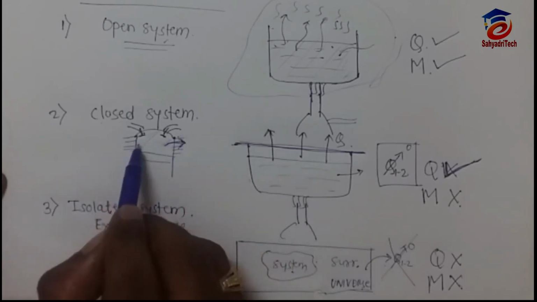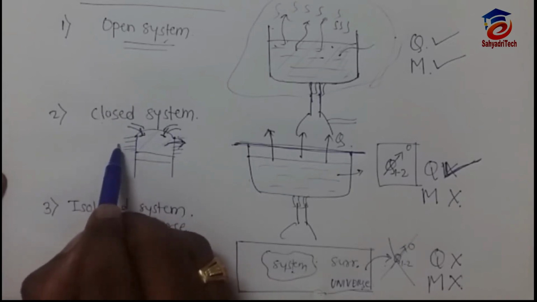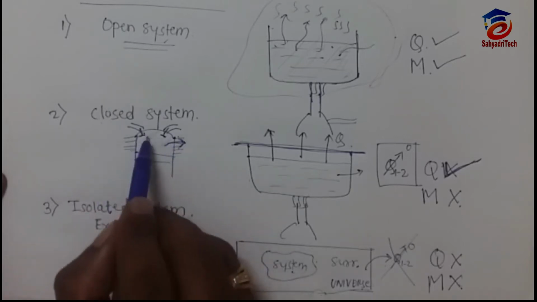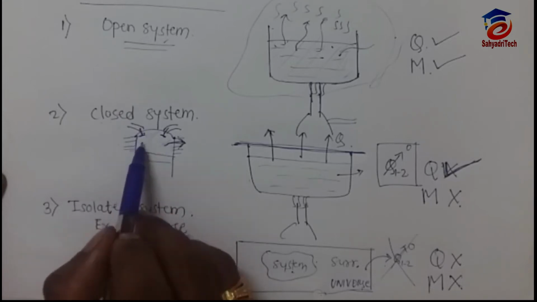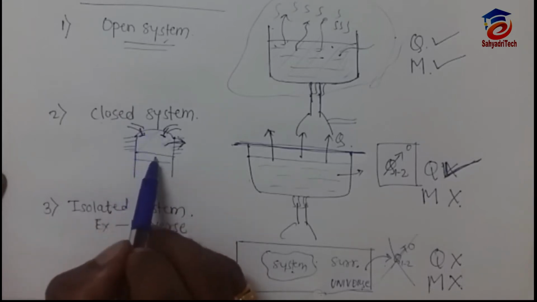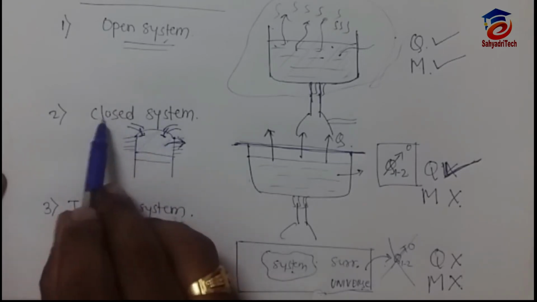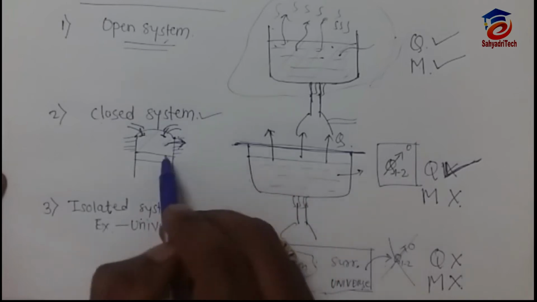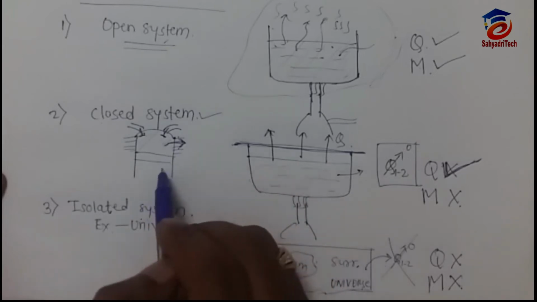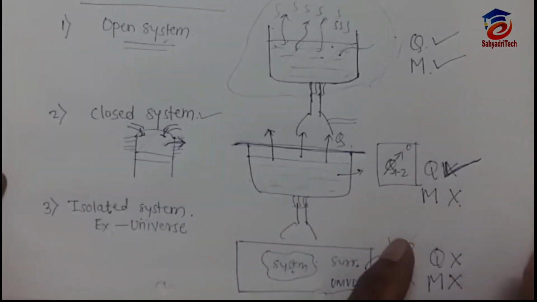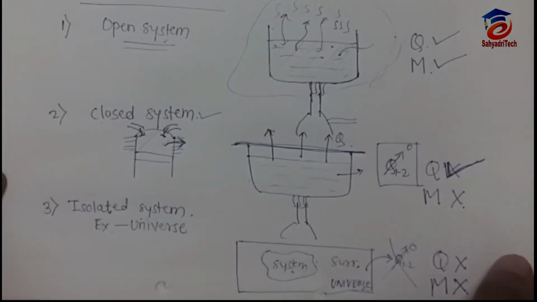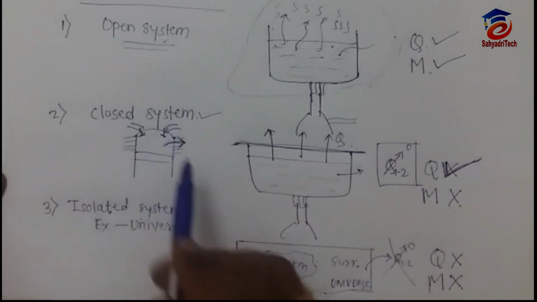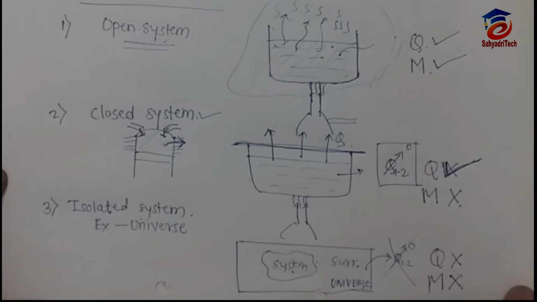So heat will transfer from this system to the surroundings, but mass will not transfer during the compression and expansion strokes. So during compression and expansion, this cylinder piston mechanism will act as a closed system. So do remember this example. At the time of the oral you can explain this to the external examiner. So this is about open system, closed system and isolated system.